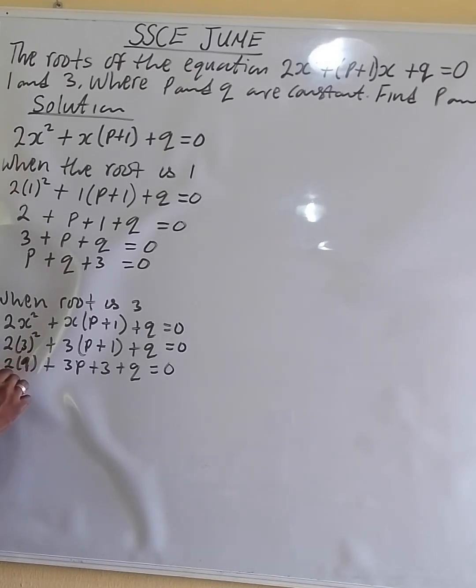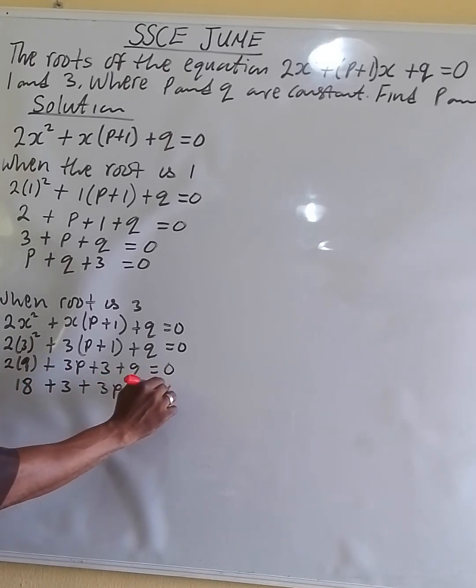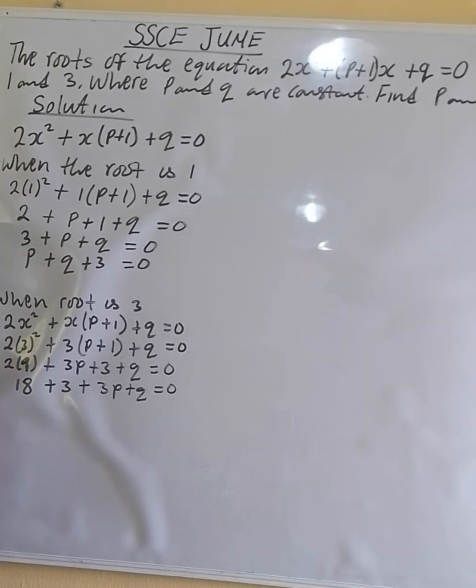So now this is 9. 2 times 9 will give us 18, plus 3, plus 3p, plus q equals 0. Now 18 plus 3 will give us what? 21 plus 3p plus q equals 0.